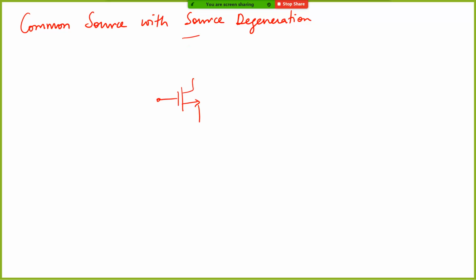Right now, I'll just put an ideal current source here. You can derive it for all the other cases as well. Let me just use a resistor here. Now this is a common source with source degeneration.